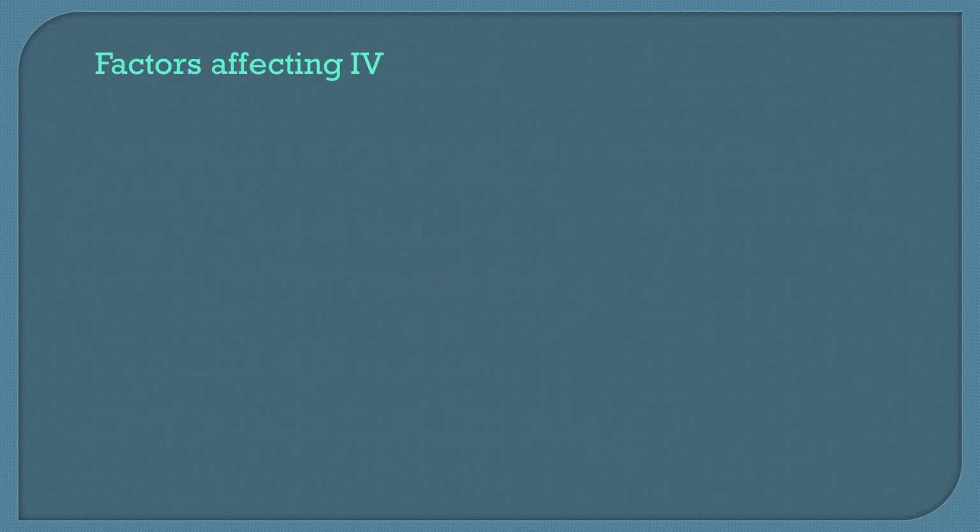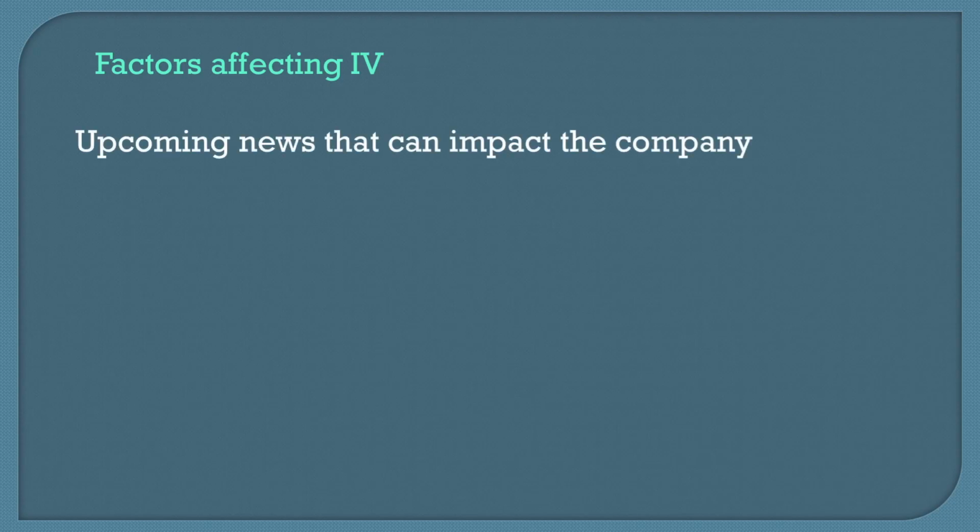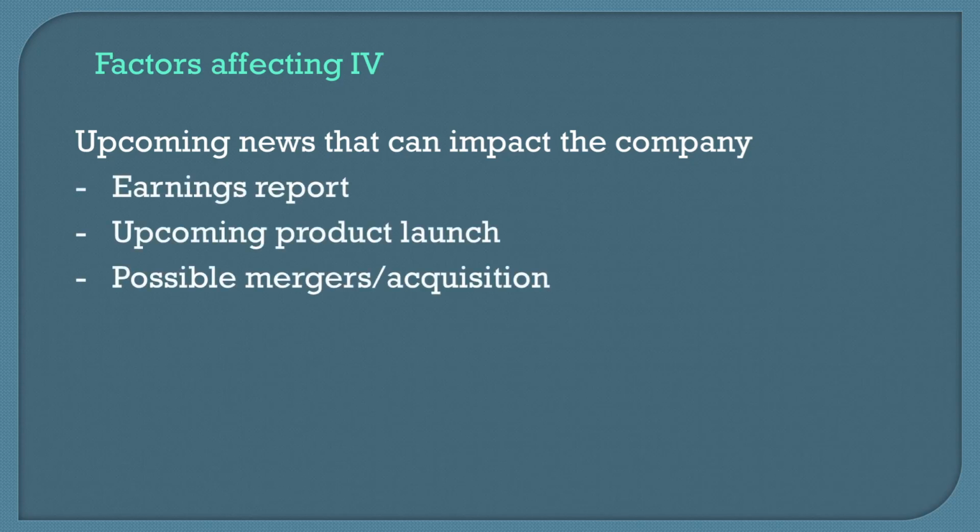What are some possible factors that can affect IV? Well, any upcoming news that can impact the company can affect IV. For example, a company's earning report, upcoming product launches, or news of possible mergers and acquisitions happening. These events affect IV because they can impact the company positively or negatively.